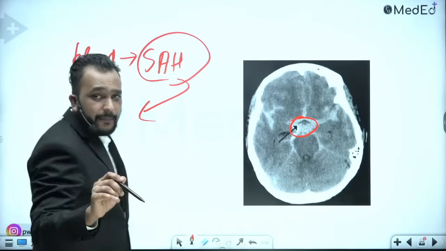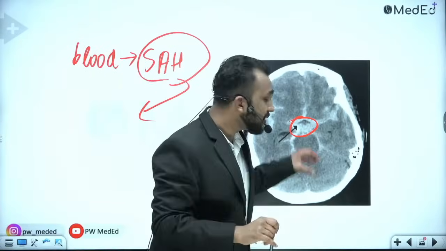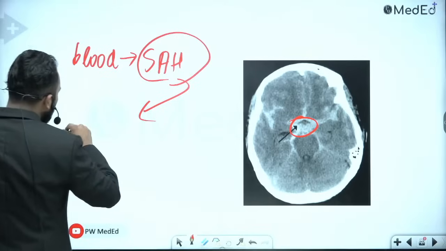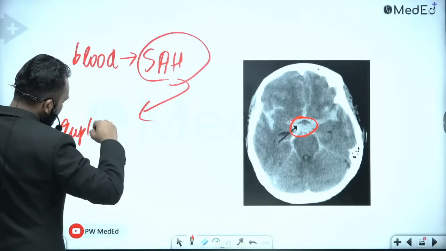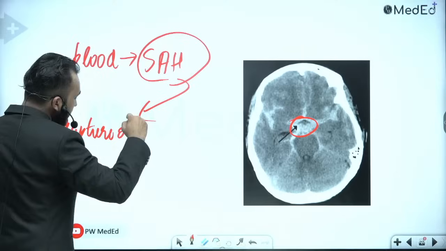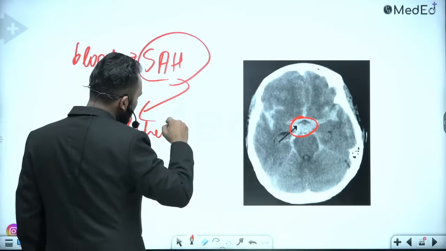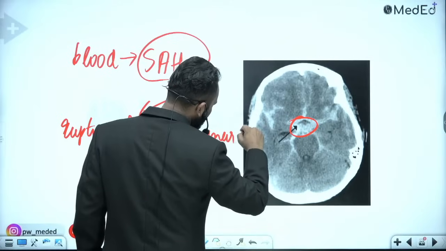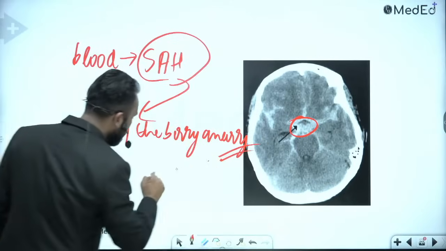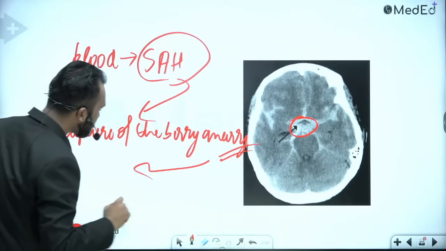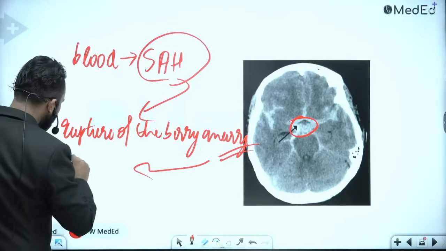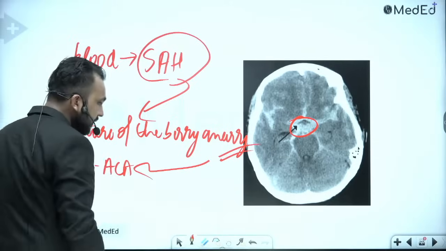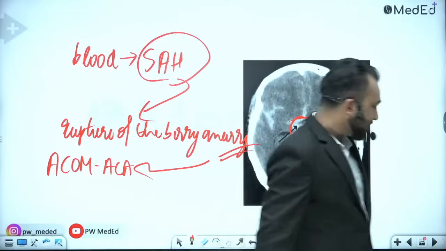In subarachnoid hemorrhage, you will see hyperdensities in the sulcal spaces and basal cisterns, and it is due to the rupture of a berry aneurysm. And what is the most common site of berry aneurysm? It is the junction of ACOM with the anterior cerebral artery.